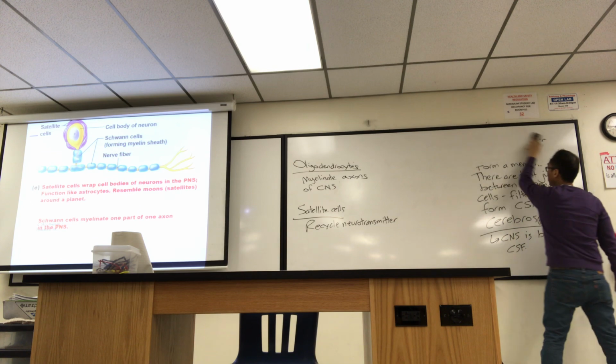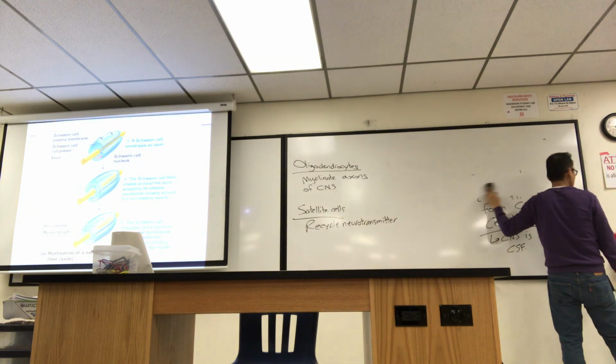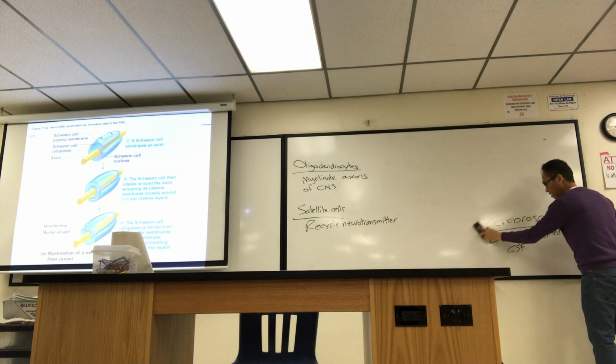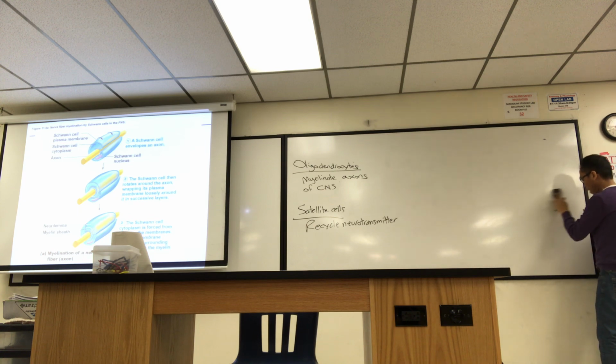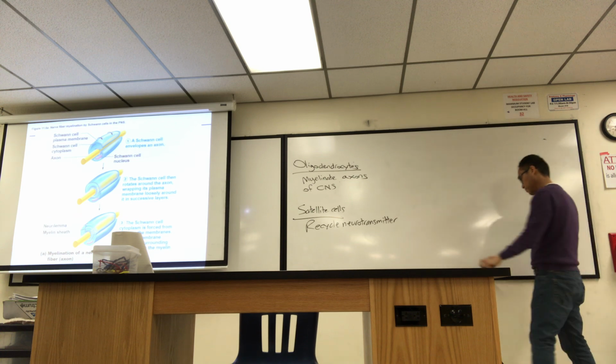So let me write that down. The next slide just shows the folding of the Schwann cell's cell membrane around the axon, thus myelinating it. So myelination is a fatty wrapping of the plasma membrane around a piece of axon.